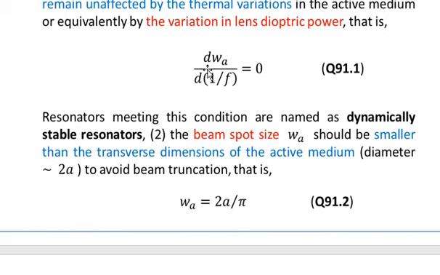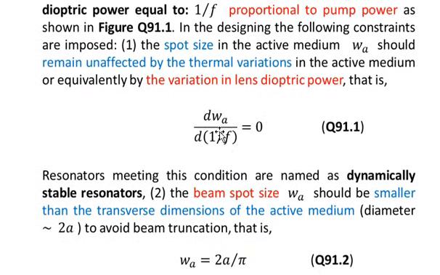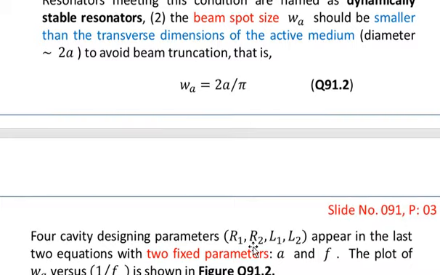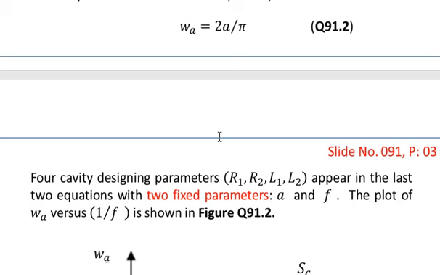You can have a look over there, and you see that WA can be represented in terms of G1 and G2. And you know that G1 and G2 are related to 1 minus L over R1 and 1 minus L over R2, or equivalently in terms of L1 and L2. So you see that we have implicit dependence of the parameters R1, R2, L1 and L2 in these two equations.